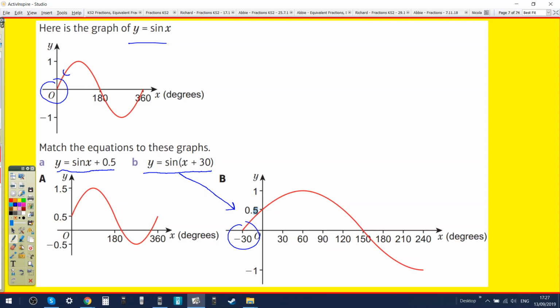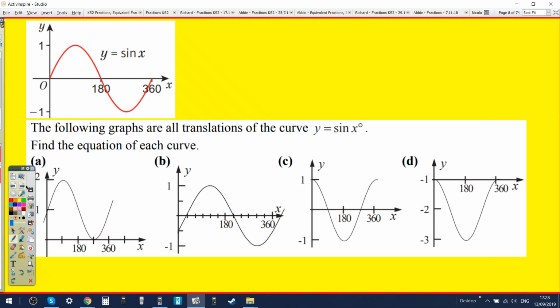The one part A, why did the graph not move down by 0.5? Because it's plus. Because it's the y maybe. Yeah, if you brought it to the other side, it would be y minus 0.5. They brought it to the other side, and so it was the same sign. Okay, let's see.